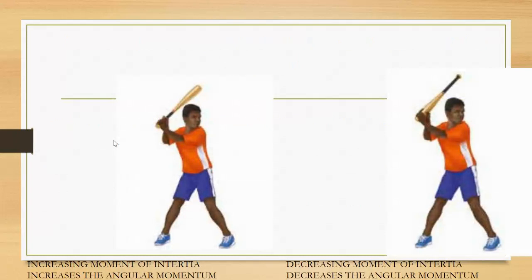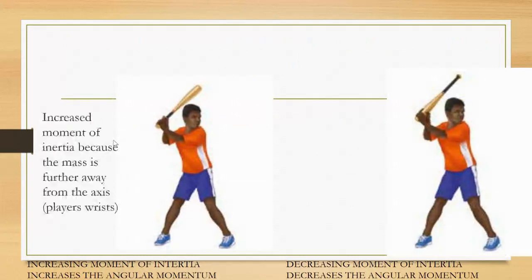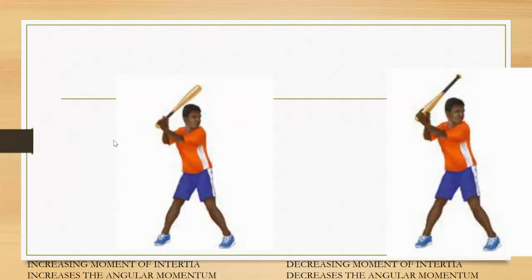Okay, so here's an example. All right, we have a boy, same boy, same everything, same amount of force, same velocity. The only thing that is changing is the mass of the bat. Not even the mass of the bat is changing technically, the distribution of mass. So where the mass is, is what has changed.